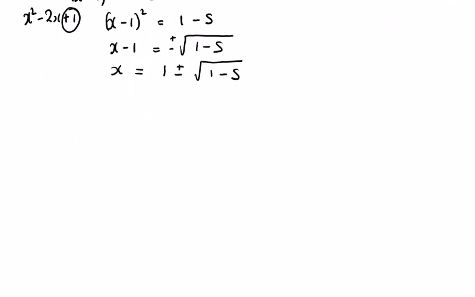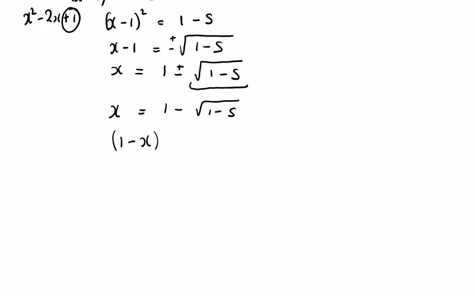Only one of these solutions will work. As this is positive, adding it to 1 will make x greater than 1, which we can't have. So the solution is always going to be 1 minus the square root of 1 minus s. Now we allowed 1 minus x to be the fraction above.